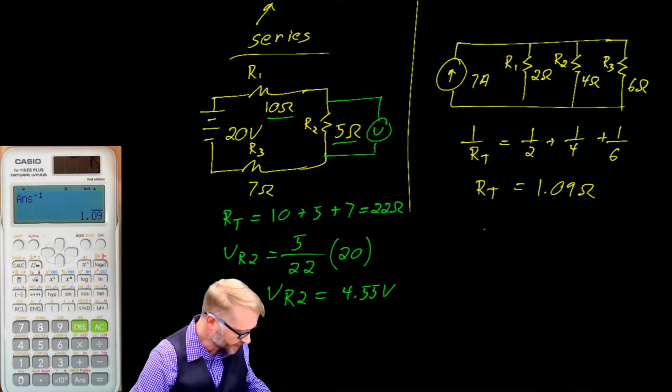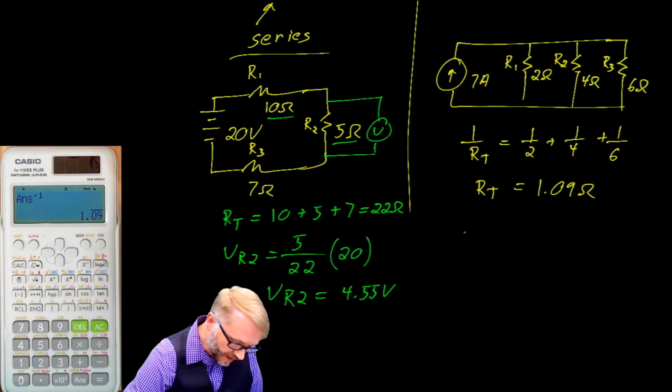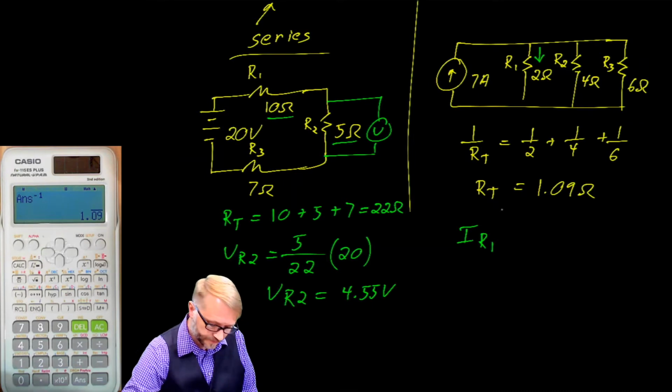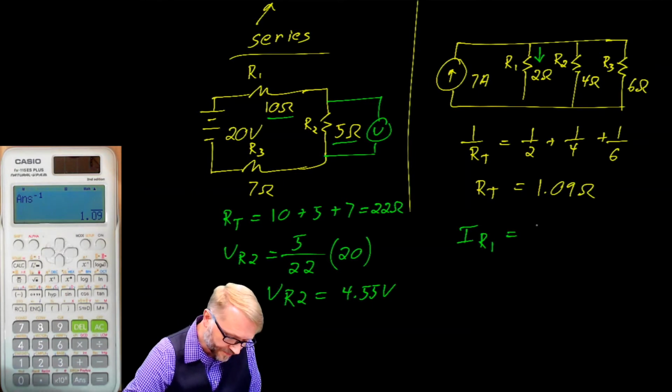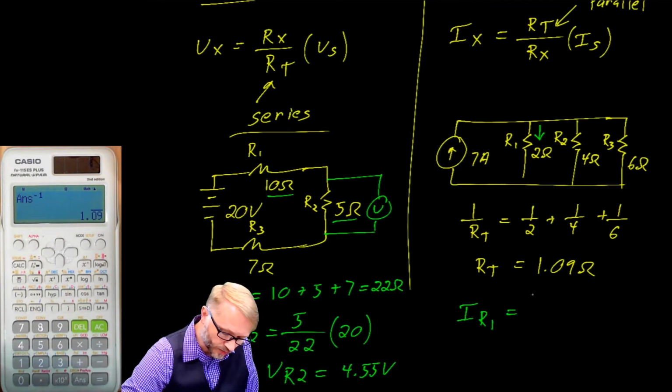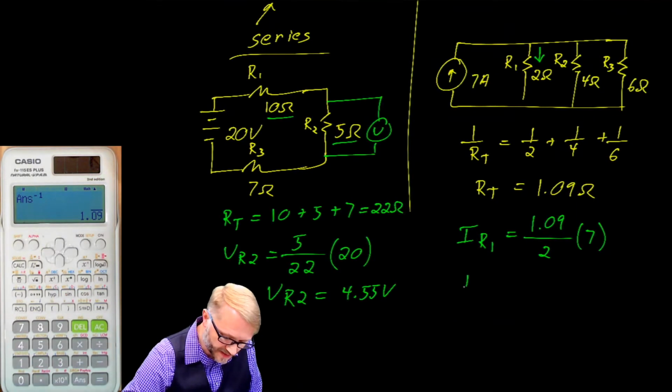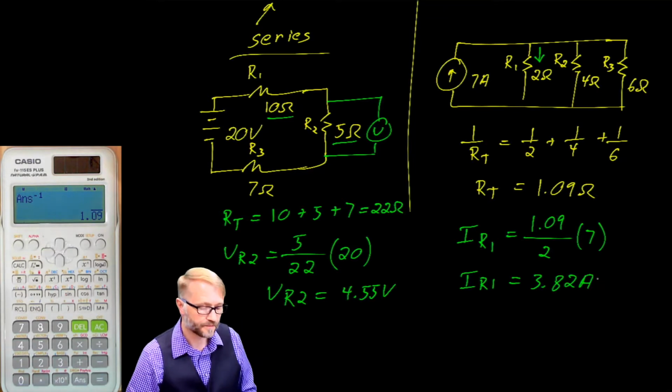And now we use our current divider, and we say that the current through R1, I didn't specify that, did I? Let's find the current through R1. So the current through R1 is the total parallel piece, so 1.09, divided by the resistor of interest, which is 2, multiplied by the source current, which gives us a current of about 3.82 amps.